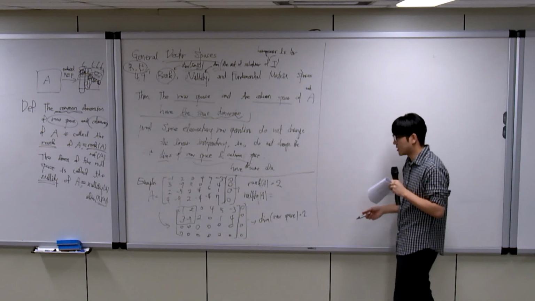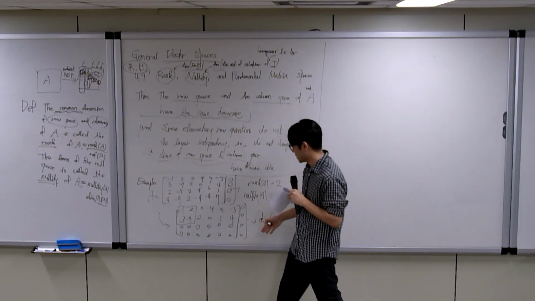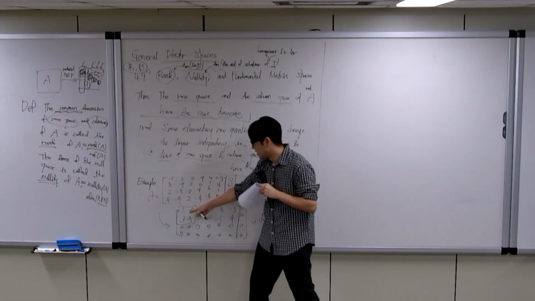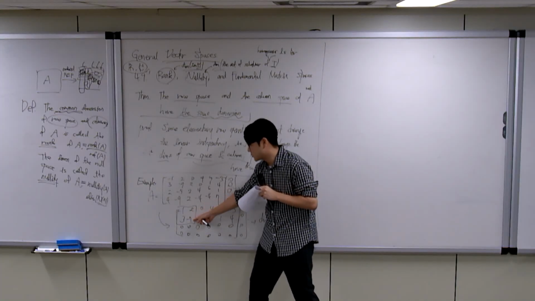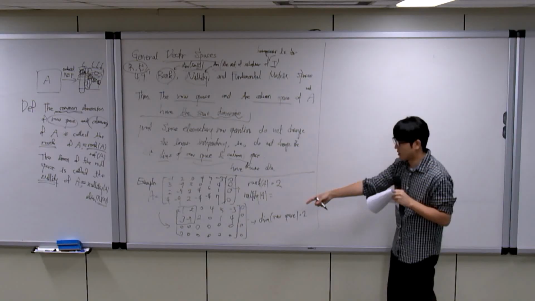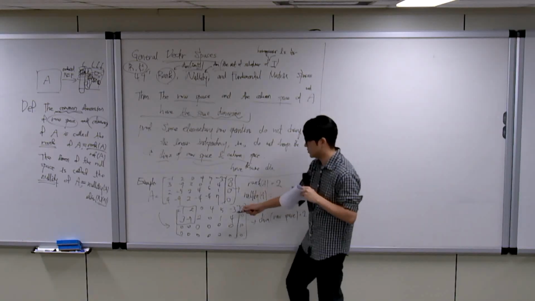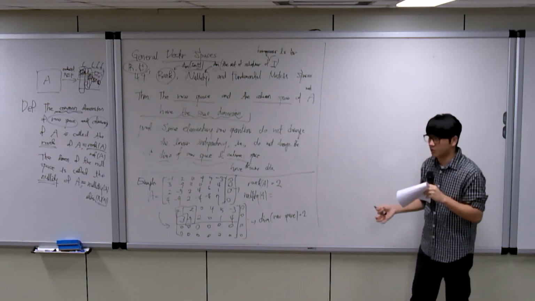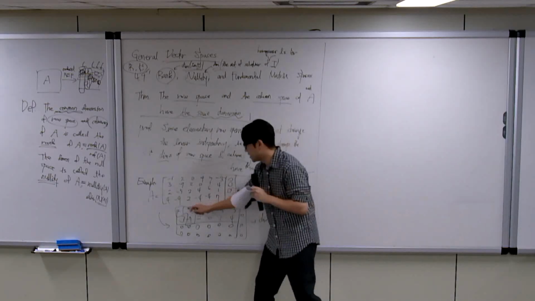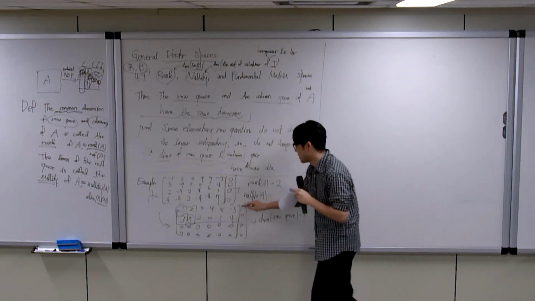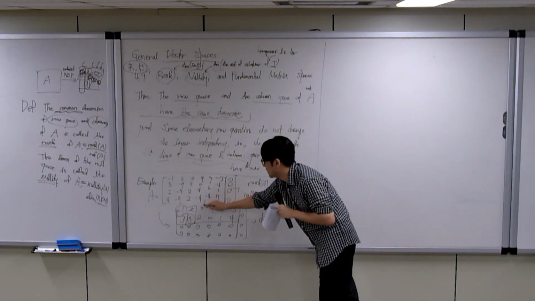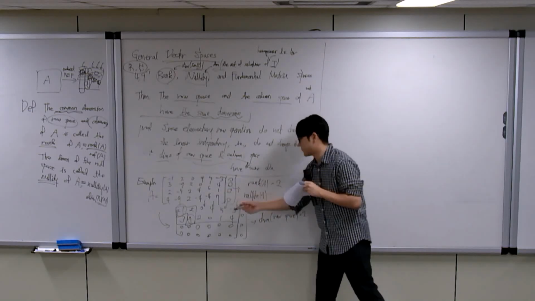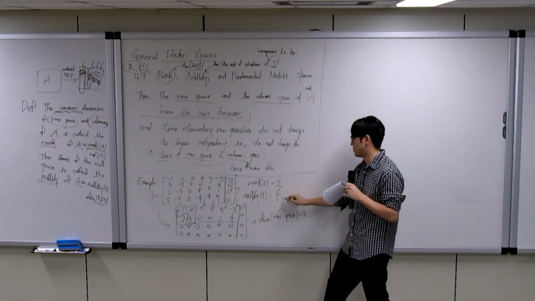We already see that the first row and second row are linearly independent. So if you reduce to row echelon form, you will have two leading ones, and the free variables have four dimensions, so the nullity is four.